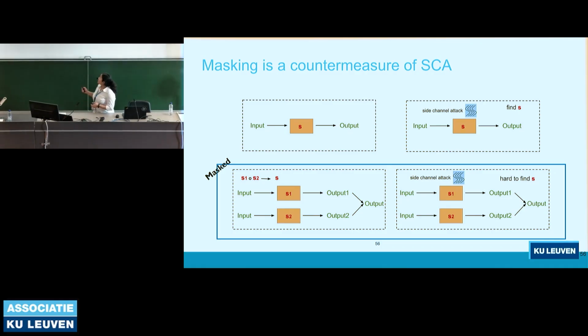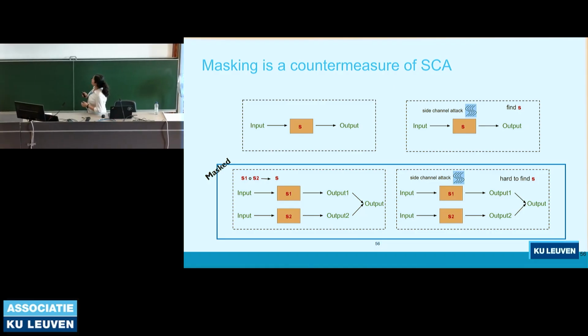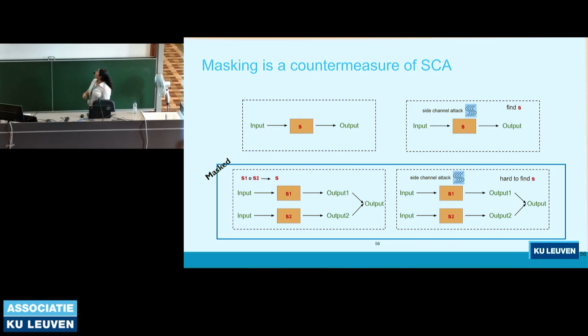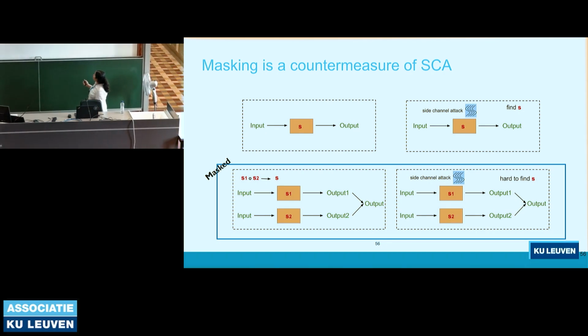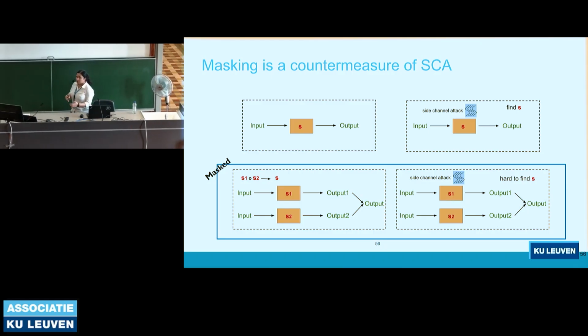That is, we split this secret into multiple shares. Let's say we have S, and we split it into S1 and S2, where S1 and S2 are independent. The only relation they have is that S1 composed with S2 is S. If we follow the previous model and try to probe one of them, we get information about either S1 or S2, but not both.